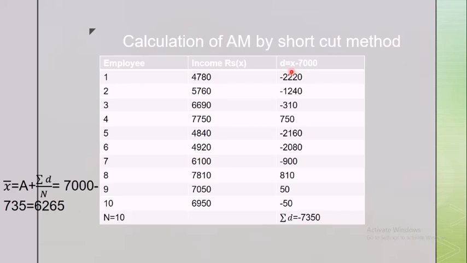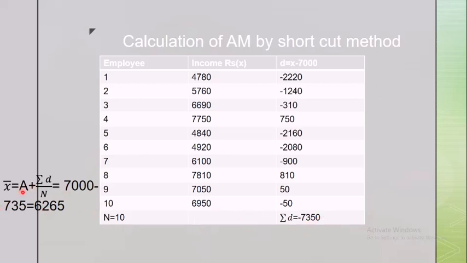From 7000 I subtract the corresponding x's and get the d's, all listed over here. I add all of this up so that I get summation d equal to, it is a negative term, minus 7350. And I divide this by 10 so that I get minus 735.